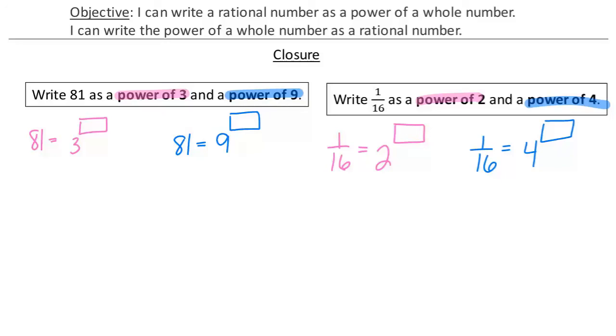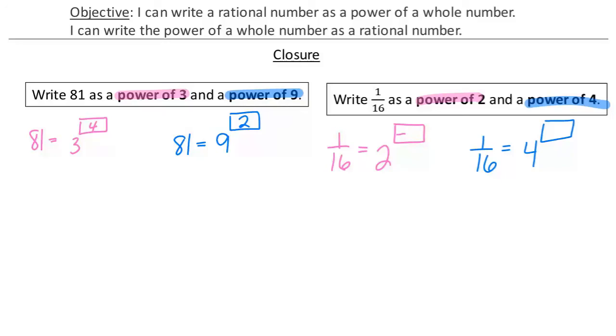All right, so how many 3's do we need to get to 81? 4 of them? Okay. And then 81 is 9 to the what power? To the second. Okay, and then 1/16 is 2 to the what power? Negative 3.